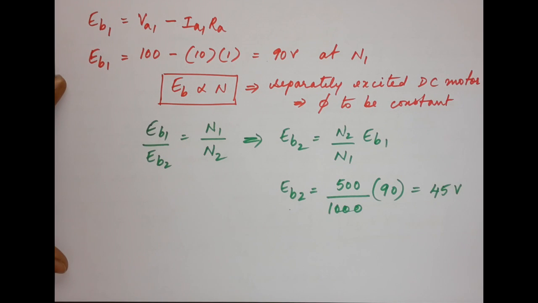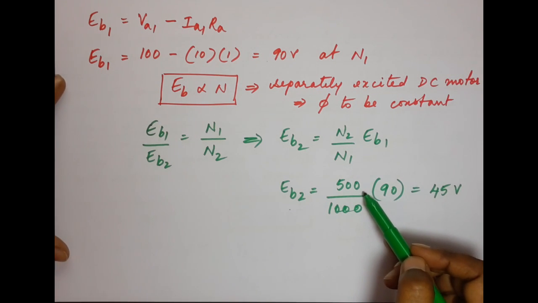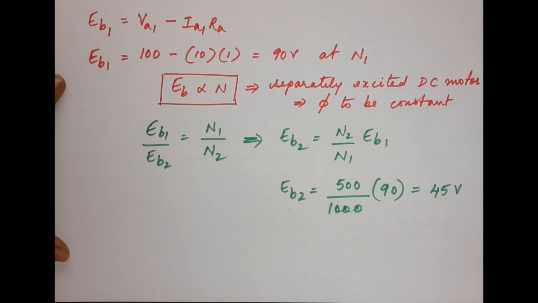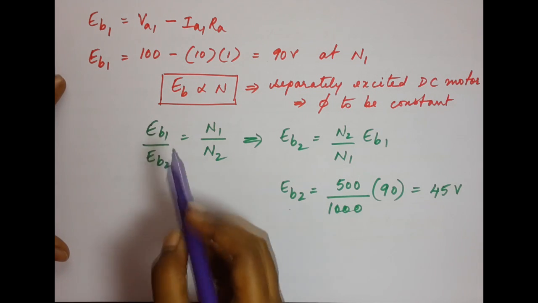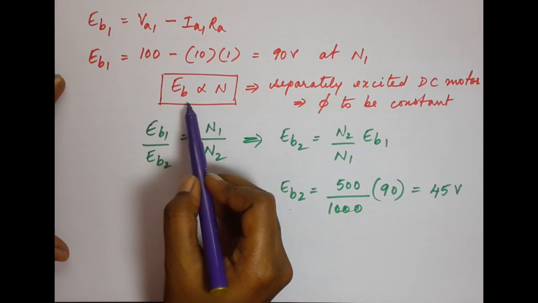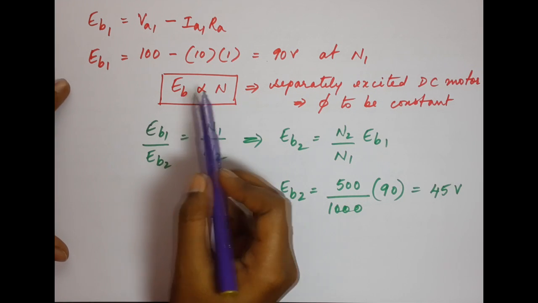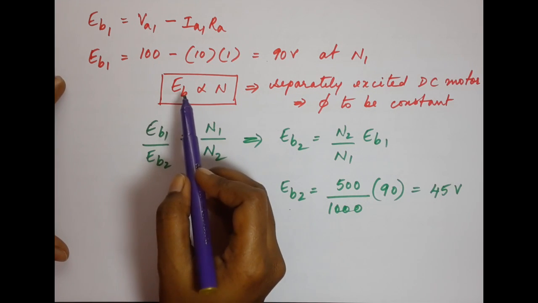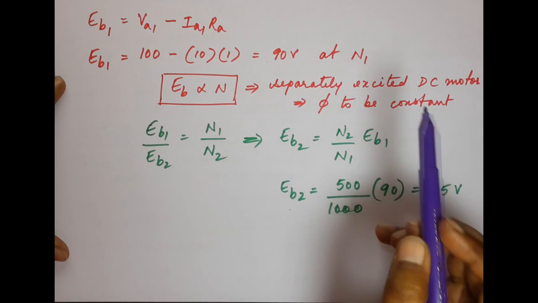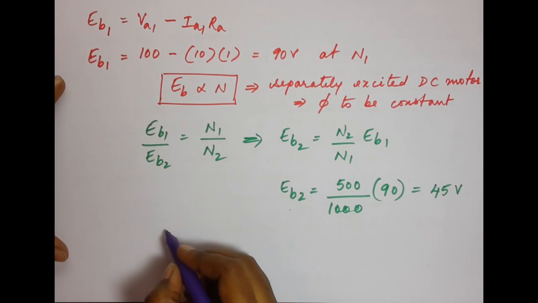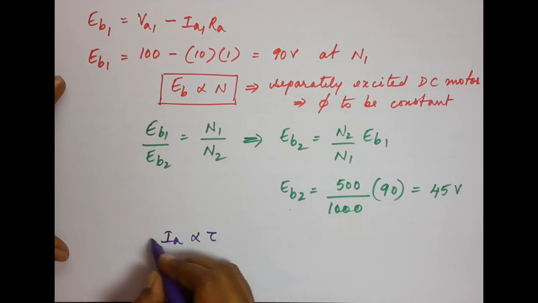The next step is to find out the armature current when the speed has reduced to 500. So that's going to be our next step. Just as we have written down the relationship between the speed and the back EMF for a separately excited DC motor, when flux is constant, we also have the current which is directly proportional to torque.